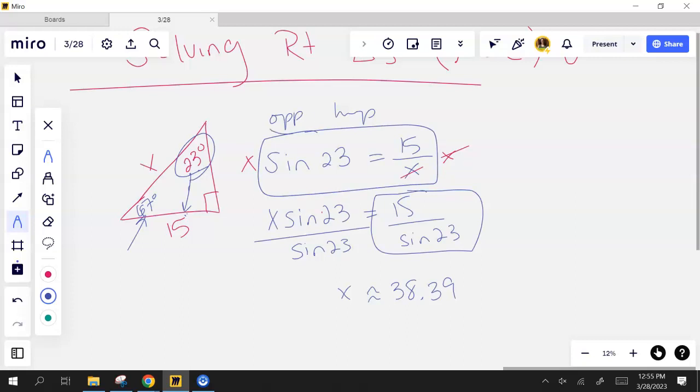Because I was given the opposite and I needed the hypotenuse. So the only trig function that used both of those was sine. Are you with me now?